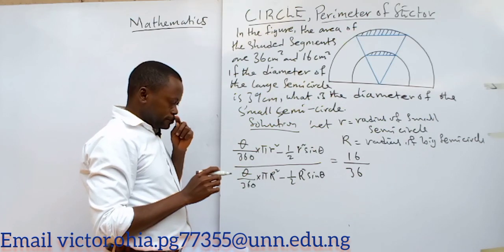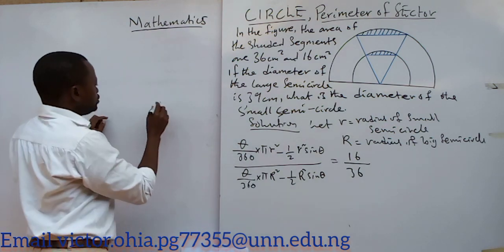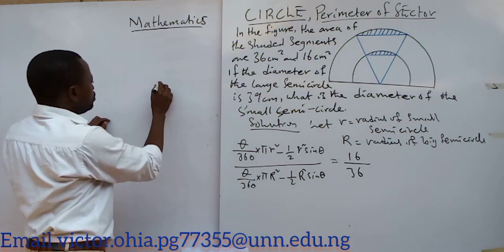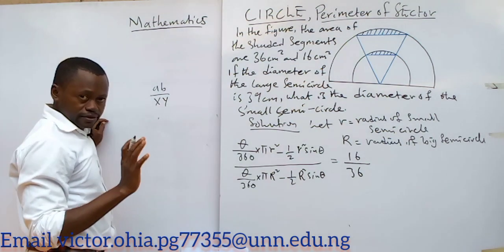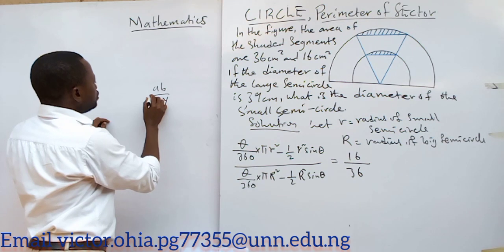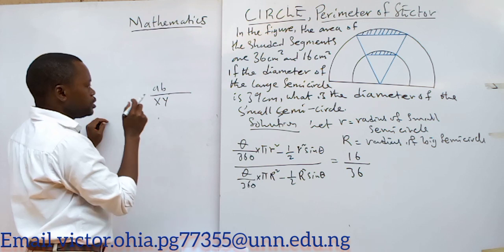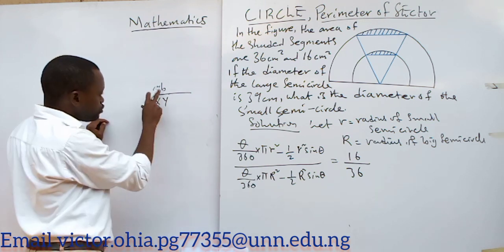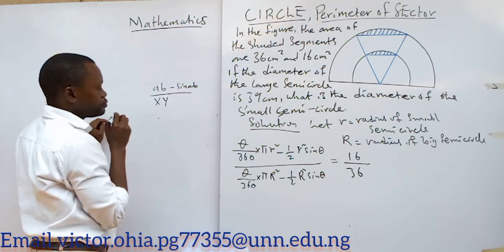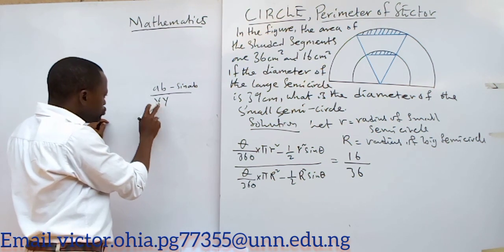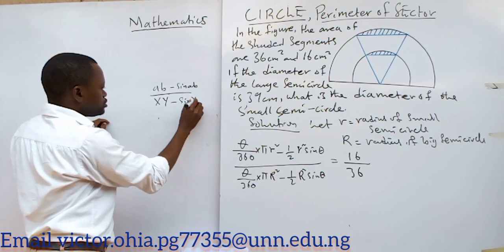If I say AB over XY is a quantity, and I just choose to remove from this quantity minus sine AB, and from this one, let me remove again minus sine XY.